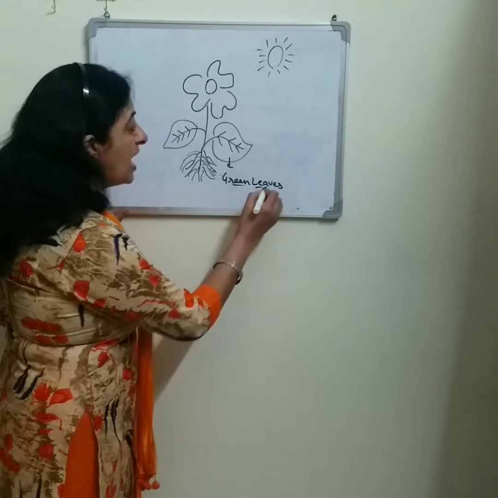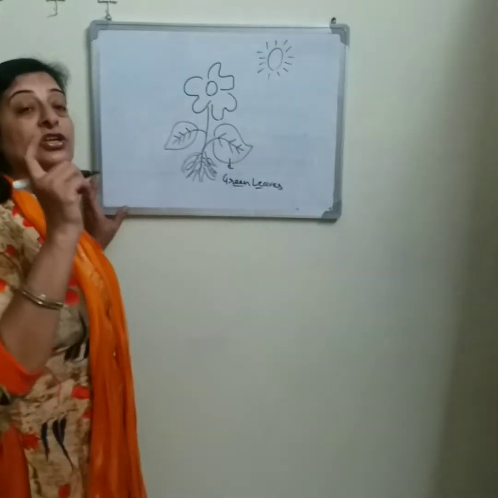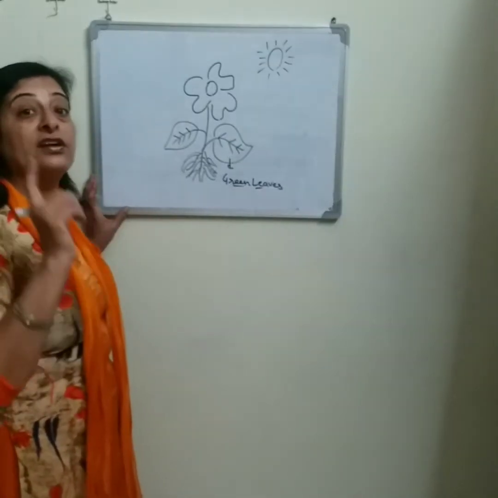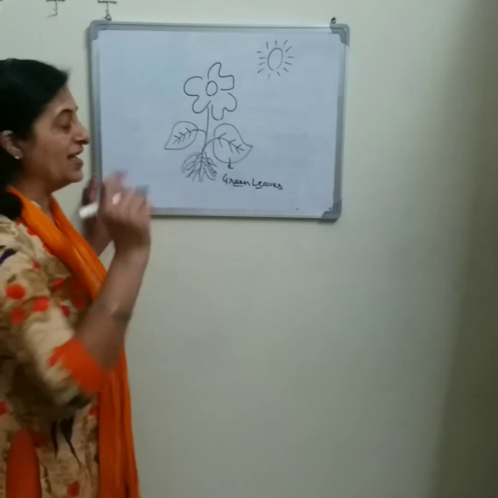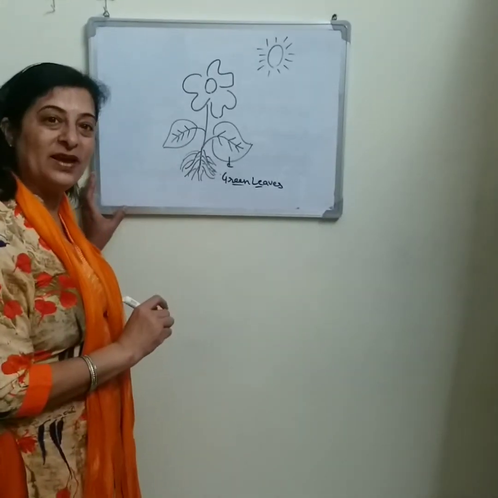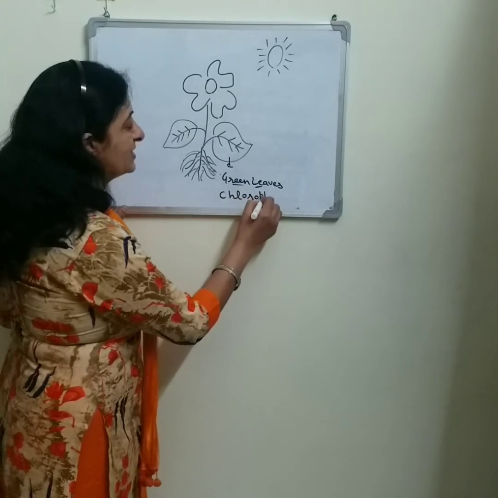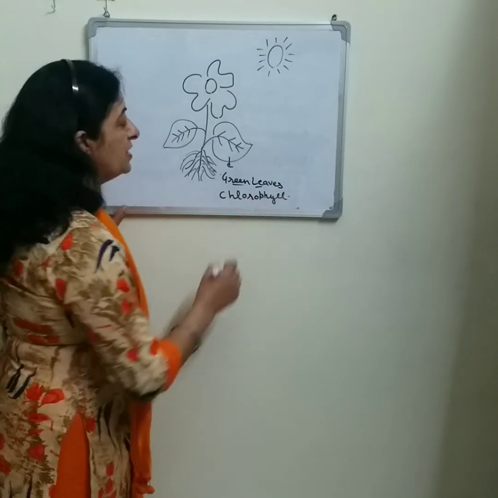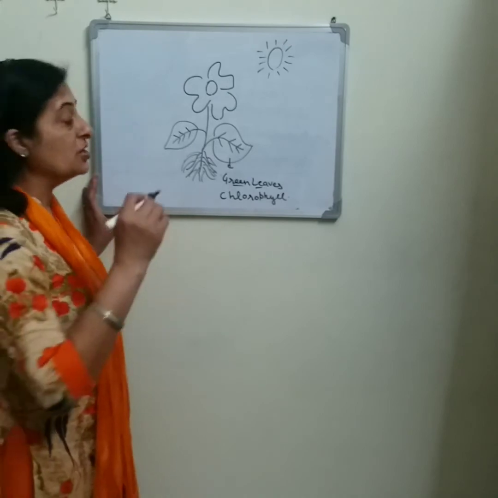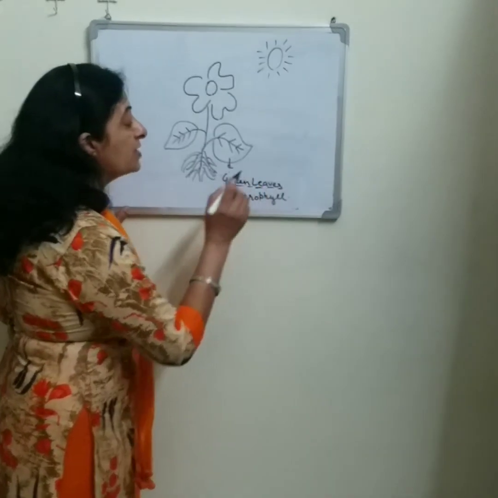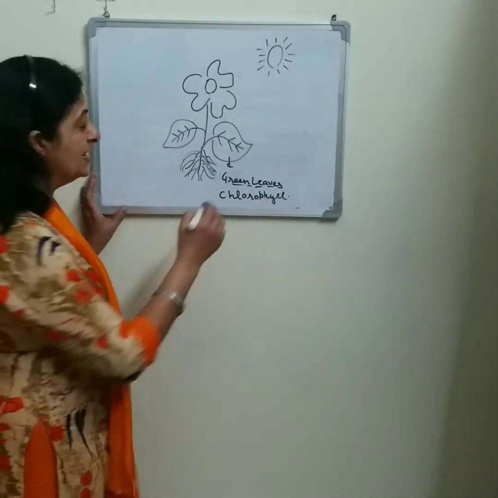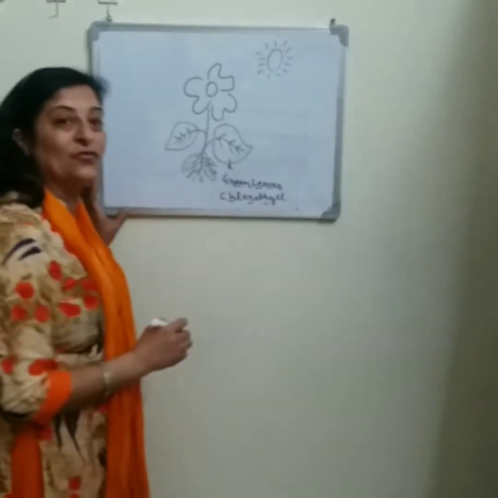These leaves are green due to the presence of a green colored pigment. And what is the name of this pigment? This is chlorophyll.